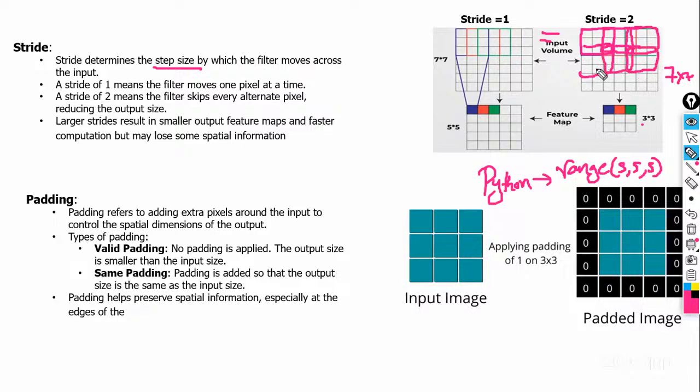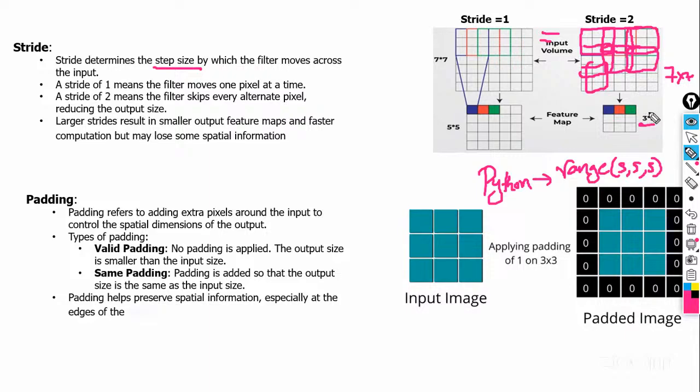Again 2 rows will be left. So a 7 by 7 matrix is going to be converted to a 3 by 3 output. So stride helps us to reduce the output size.